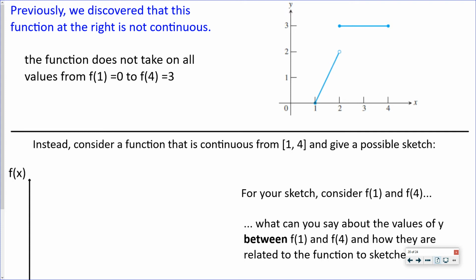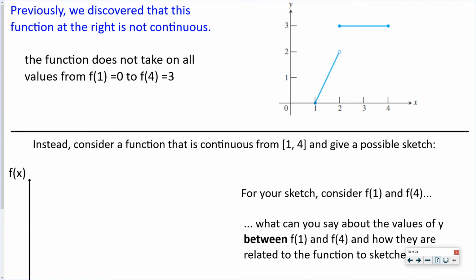Okay, so we know that this function over here would not be continuous, right? I have this gap right here. What type of discontinuity would we classify this as? Jump. Yep, exactly. Jump discontinuity.